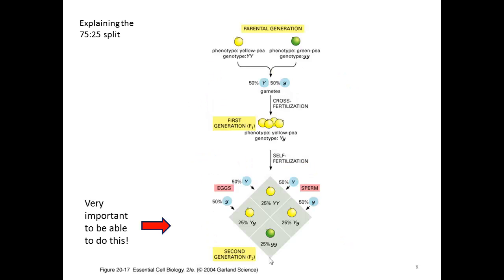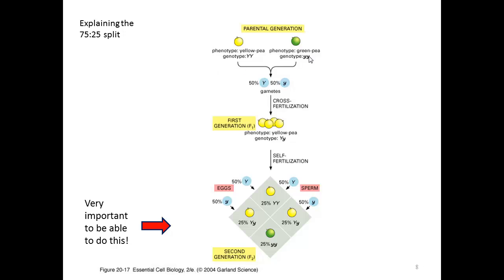So here's how you can explain or predict the result of a breeding experiment. The first step is, when you're given a phenotype, you have to have some information about the genotype.